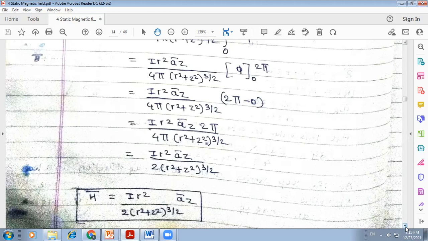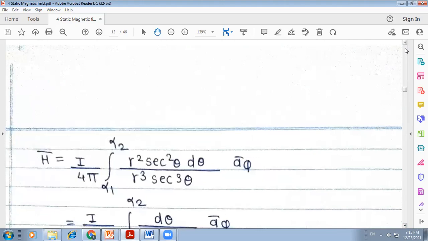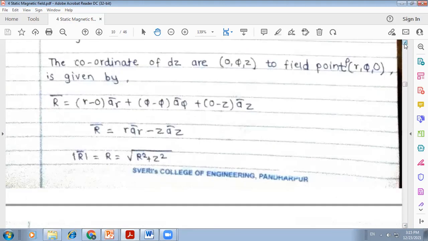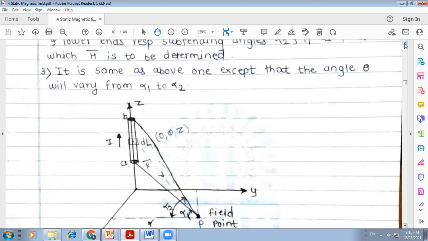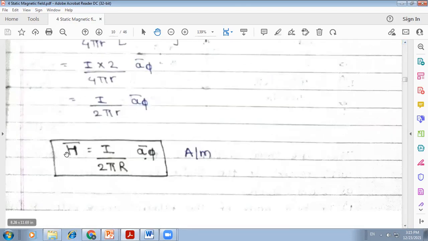Remember, that was due to a circular current loop. So we obtained 3 equations. First was due to an infinite filament: H bar is equal to I upon 2 pi R into unit vector A bar phi.